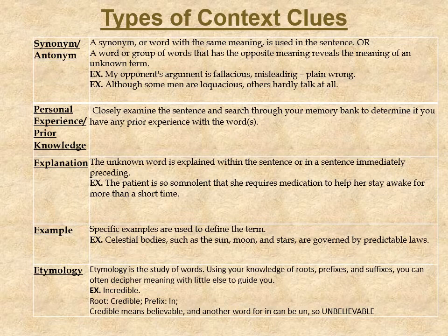We take a look at those separate pieces, we can establish that credible means believable. Credibility is very important, especially as it pertains to upcoming things we'll be talking about. Credibility is to be believable. And another word for in, our prefix, can be un. So another way of saying incredible would be unbelievable.